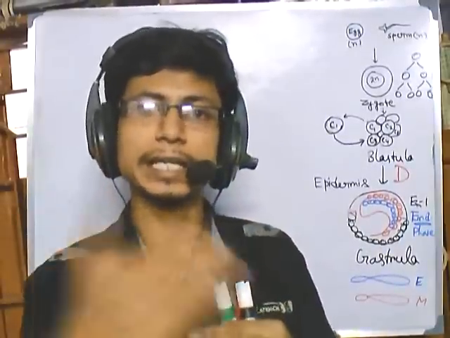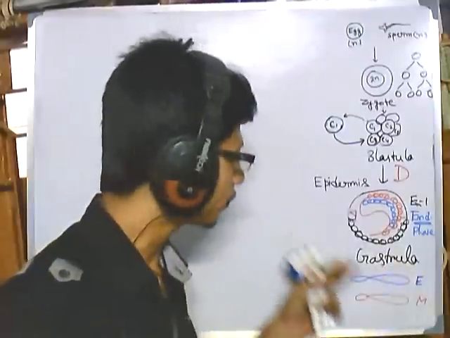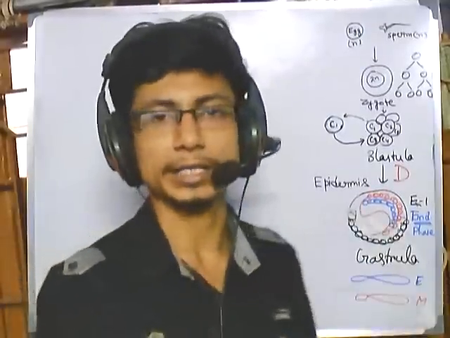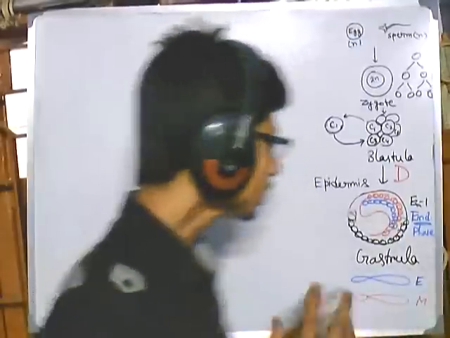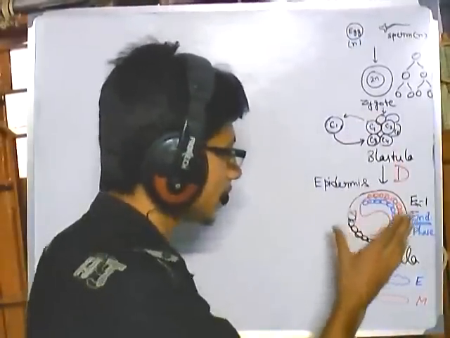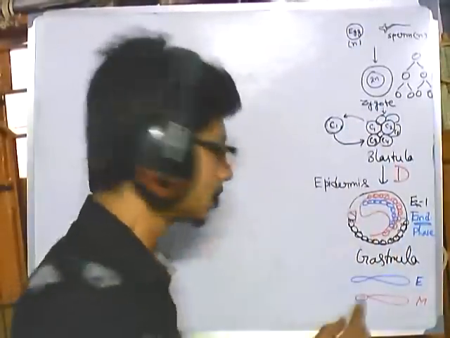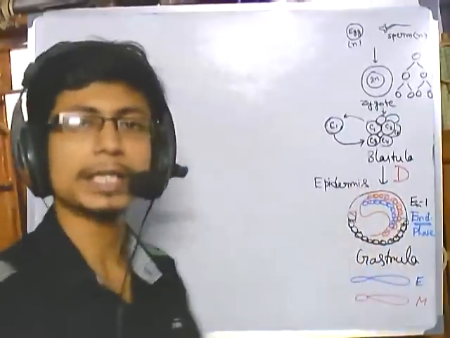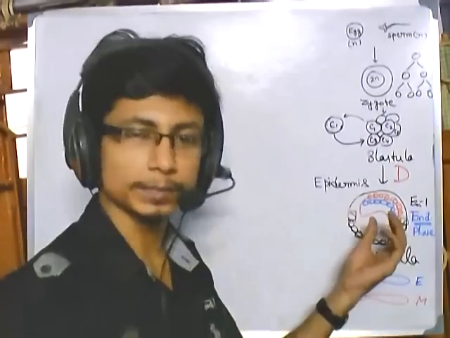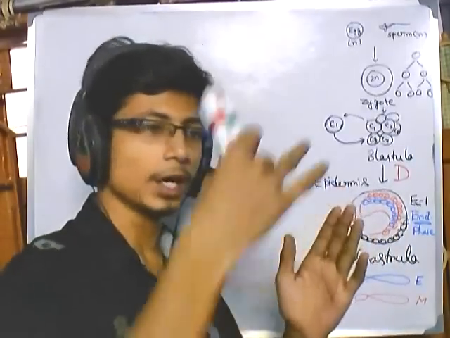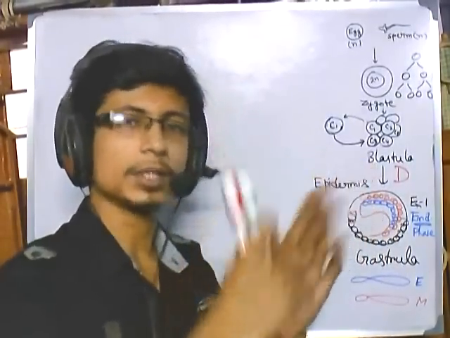For example, during these events, the most important event is the production of different layers of cells. Those different layers of cells will generate different types of organs and organ systems inside the organism's body. During gastrulation, it will develop into three different layers. One is the outer layer, which is called the ectoderm, the innermost layer is called the endoderm, and the layer placed in the middle of ecto and endoderm is called the mesoderm.